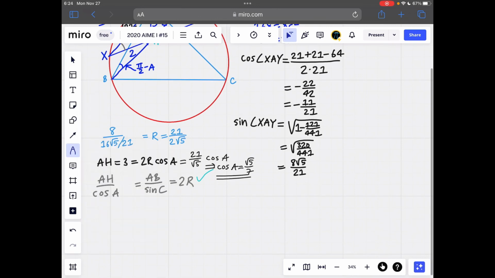It gives us sine A is equal to, well, sine squared A would be 1 minus cosine squared A, and that's 1 minus 5 over 49, which is 44 over 49. So sine A is the square root of 44 over 49, which is just 2 root 11 over 7.